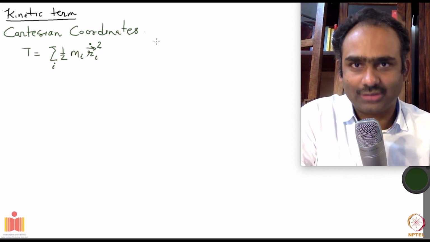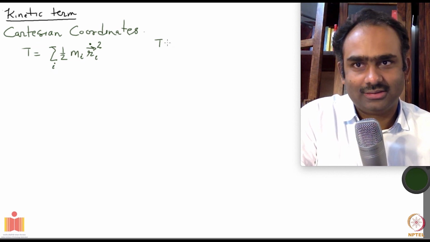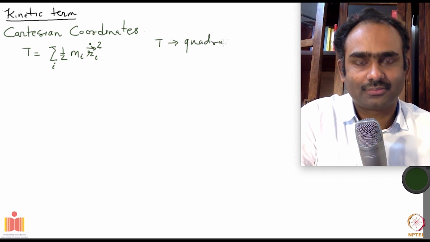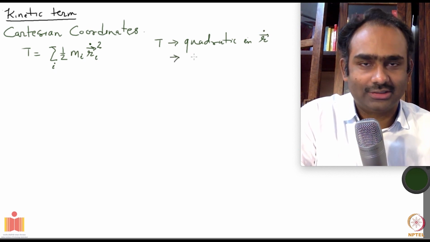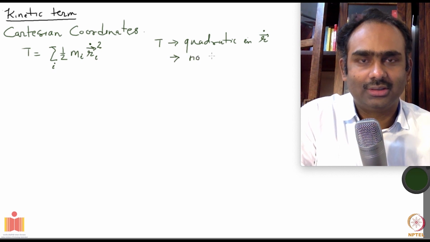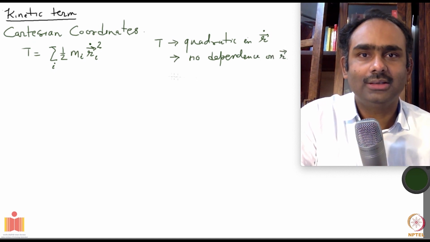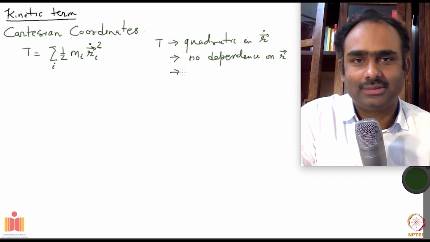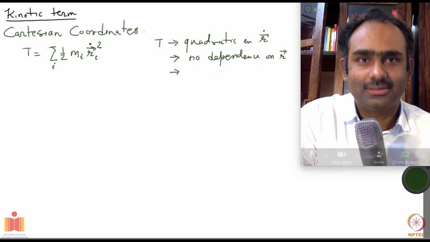So when you are using Cartesian coordinates, T is quadratic in r dots. Note that there is no dependence on r. For example, there could have been an r square dependence, which is absent.